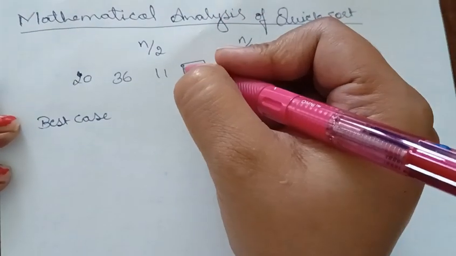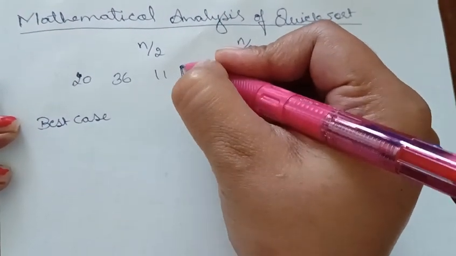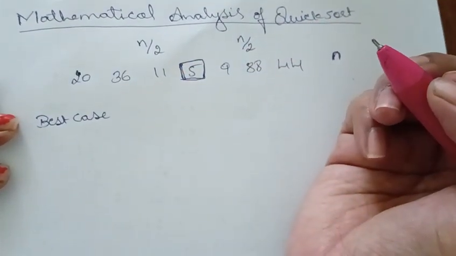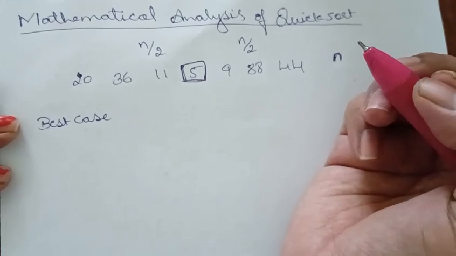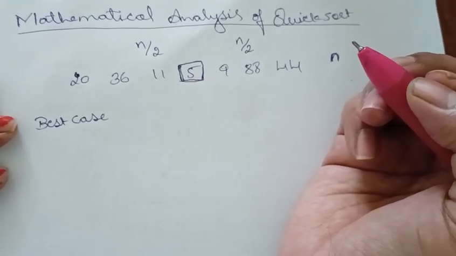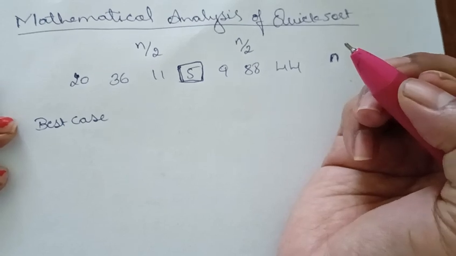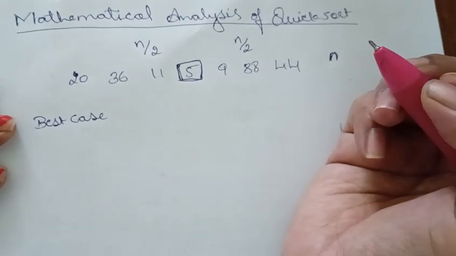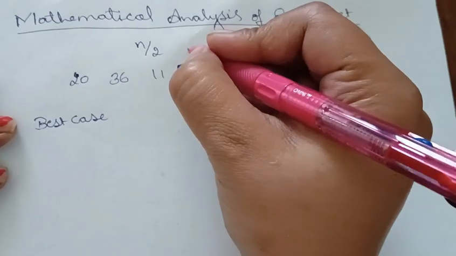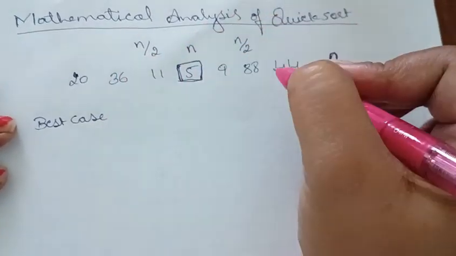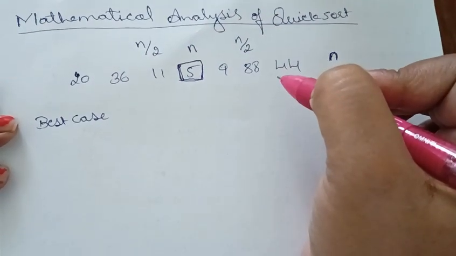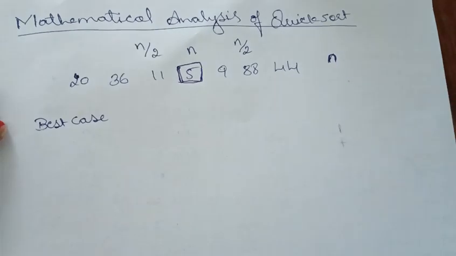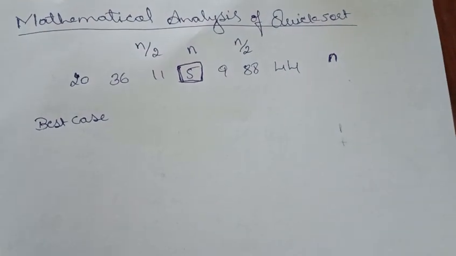And how many times are we selecting the pivot element? Only once? No, it is n number of times. That also depends on the size of the array. So the pivot element I'll consider as n, and the two arrays which we have divided, I'll consider as n by 2 and n by 2.